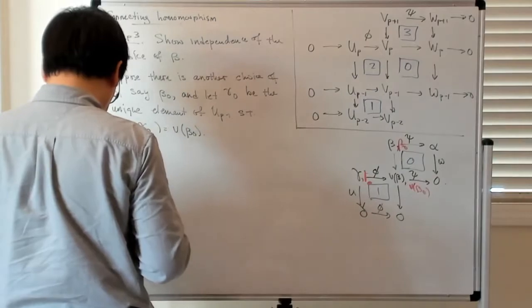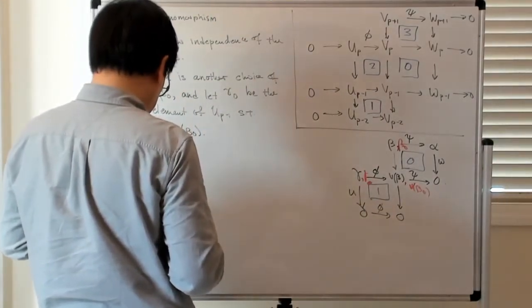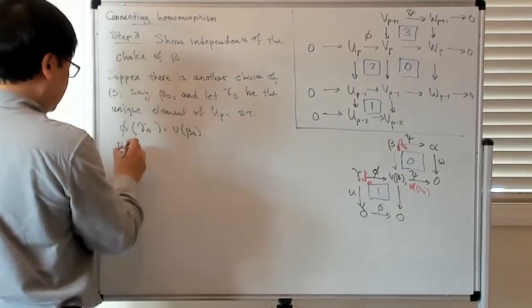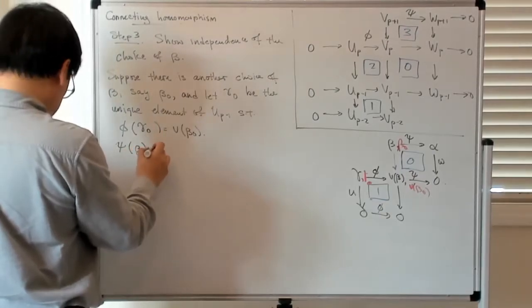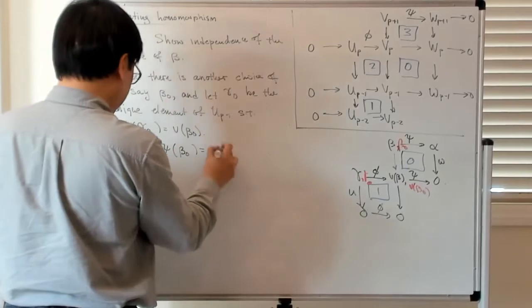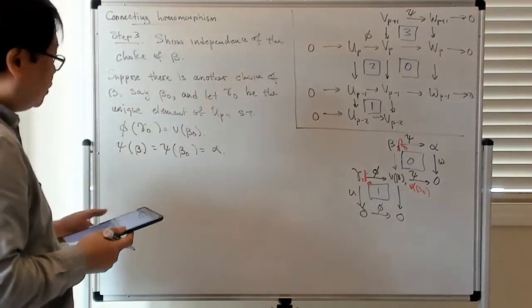So what do we know? We know that phi of beta is equal to phi of beta 0, which is equal to alpha. Again, we're going to look at what happens when you just have Z2 coefficients.